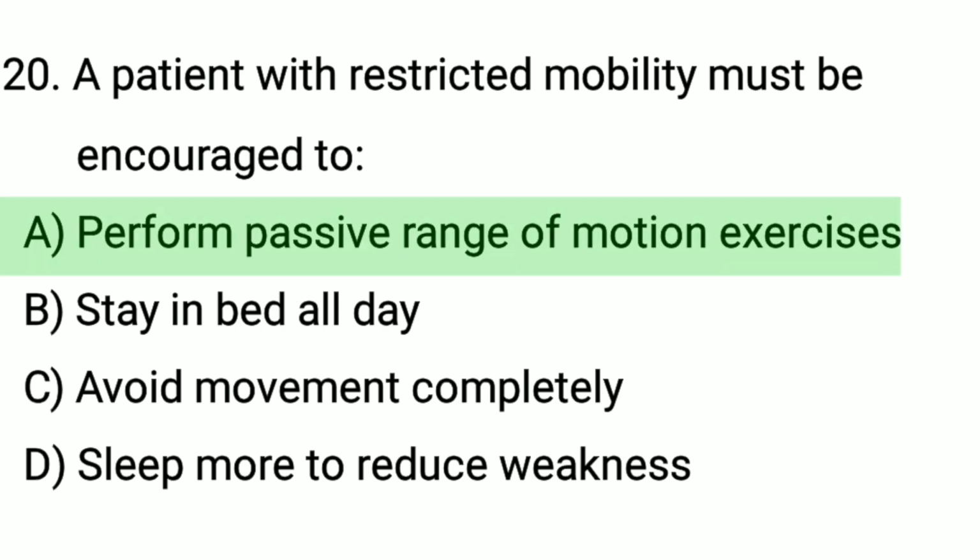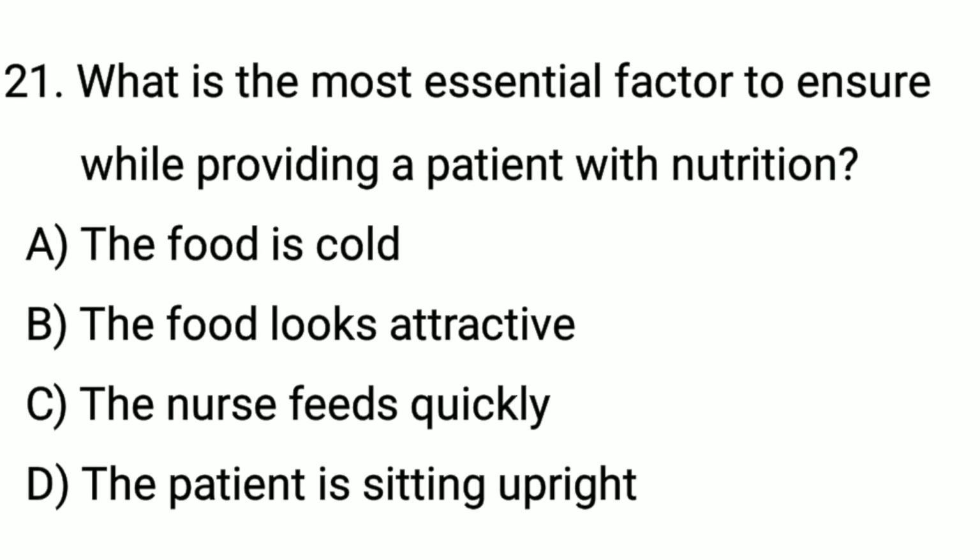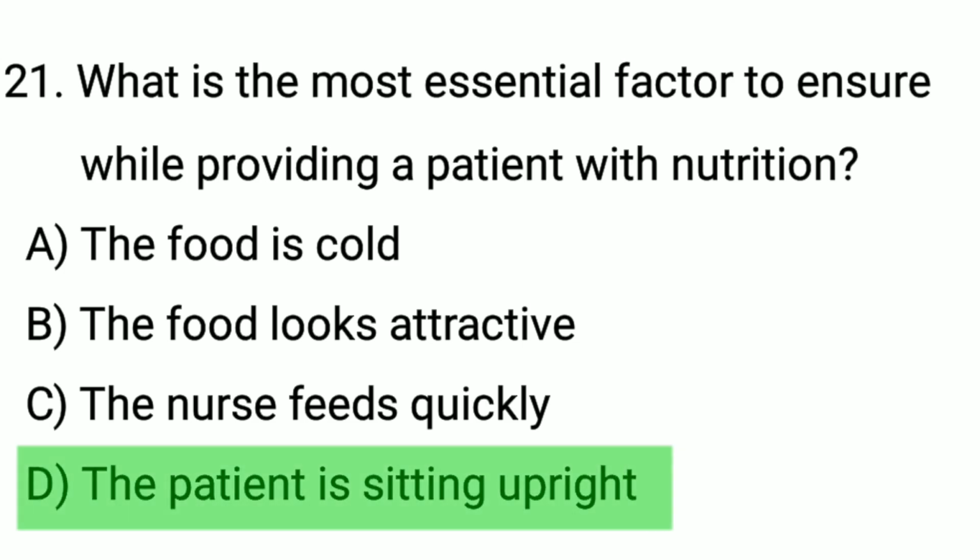The right option is option A, perform passive range of motion exercises. Question number 21. What is the most essential factor to ensure while providing a patient with nutrition? The right option is option D, the patient is sitting upright.